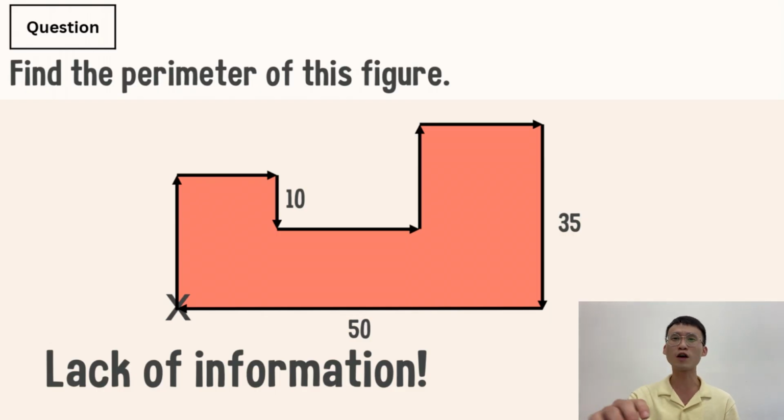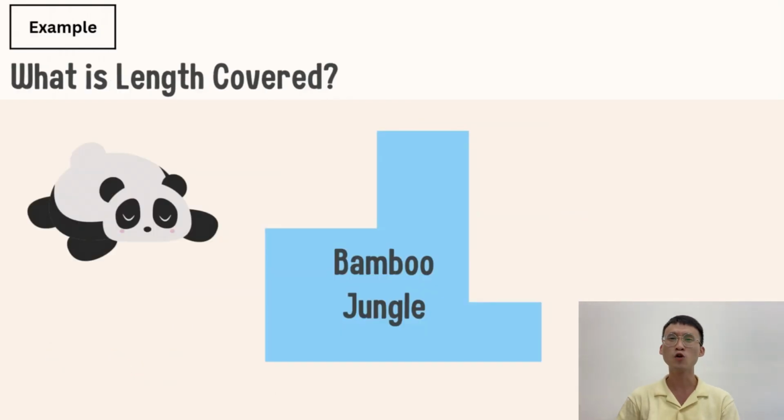Now, suppose we have a very fat panda who wants to lose weight. So he decides to run around his bamboo jungle. The shape of his bamboo jungle is in blue, as shown in the slide.